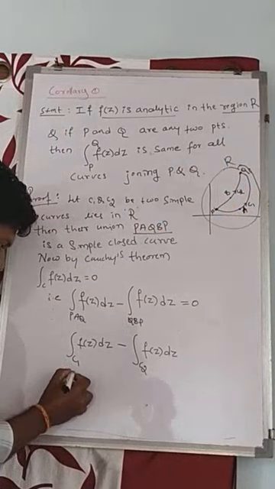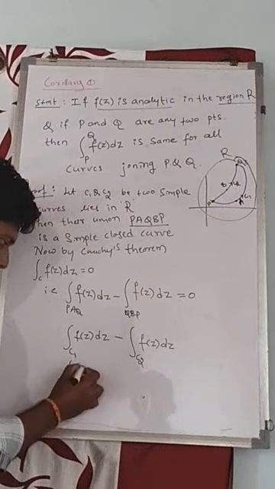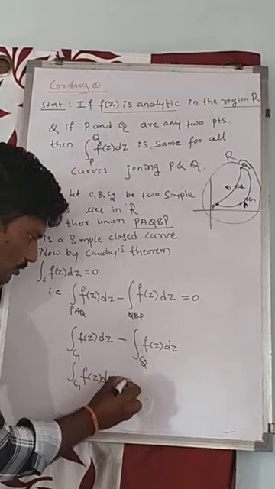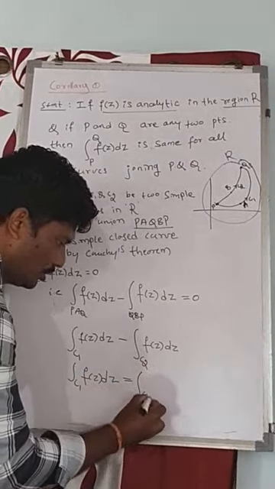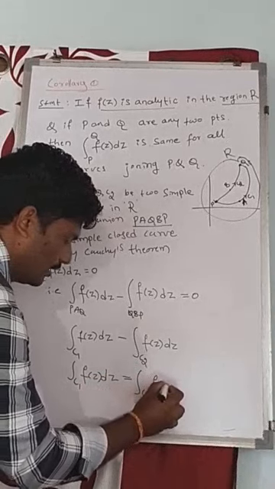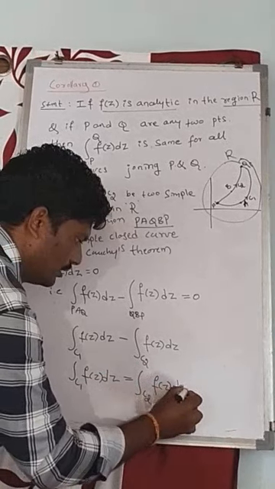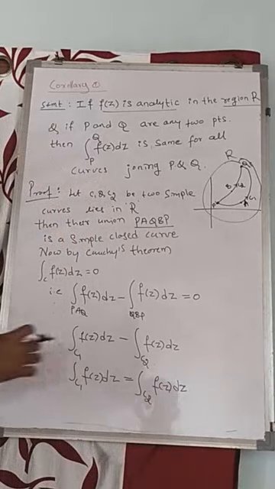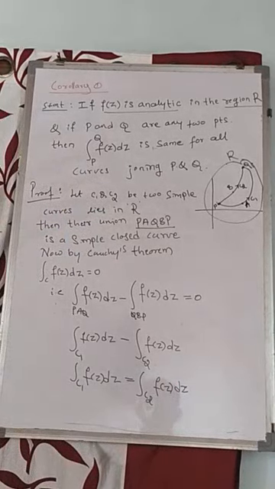This is also written as the integration over C1 of f of z dz equals the integration over C2 of f of z dz. The two are equal.